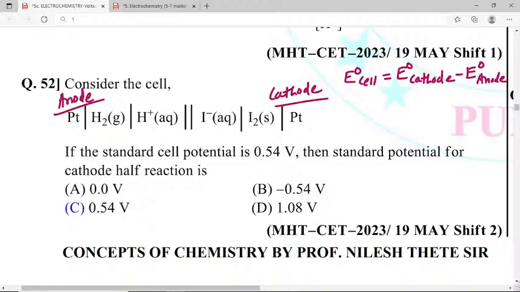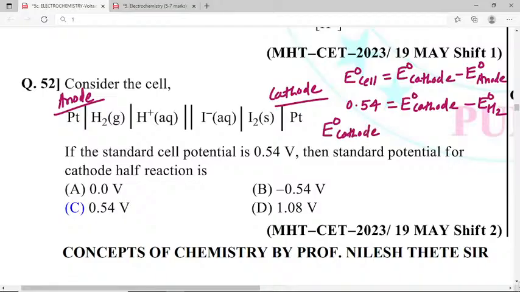The standard cell potential is given as 0.54, which is equal to E naught cathode, which we have to calculate, minus E naught anode, which is SHE. So this is the E naught of hydrogen, it is 0 volt. So that's E naught cathode.